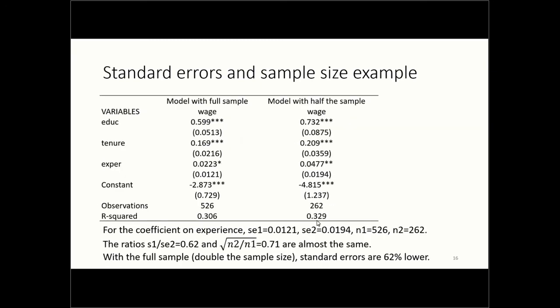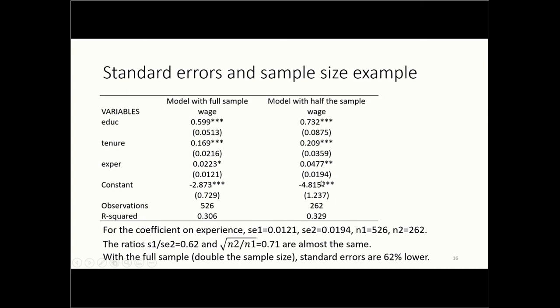So here are the models estimated. Wage is the dependent variable, with education, tenure, and experience as independent variables. These are the estimated coefficients with the full sample and then with the half sample. For the coefficient on experience, the standard error in the first model is this one, and the standard error in the second model is this one.